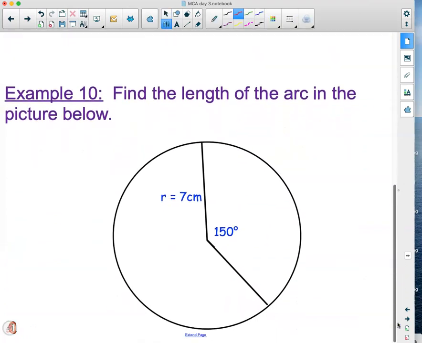All right. So as I was just blabbing then, I see everybody's working on this one. Go ahead. You do it, I'll do it. Let's see if we all end up with the same answer for this one, finding the length of the arc in the picture below.